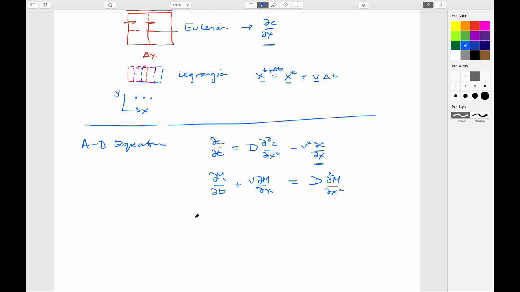But what we can do is look at this as a derivative, and write it in terms of a substantial derivative, which is dm/dt. That's just saying we can take the derivative of mass with respect to time.